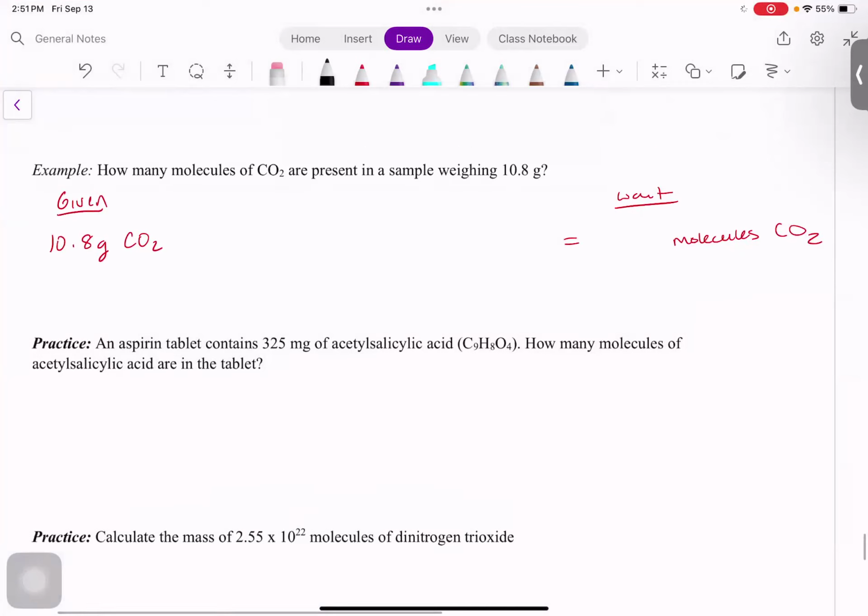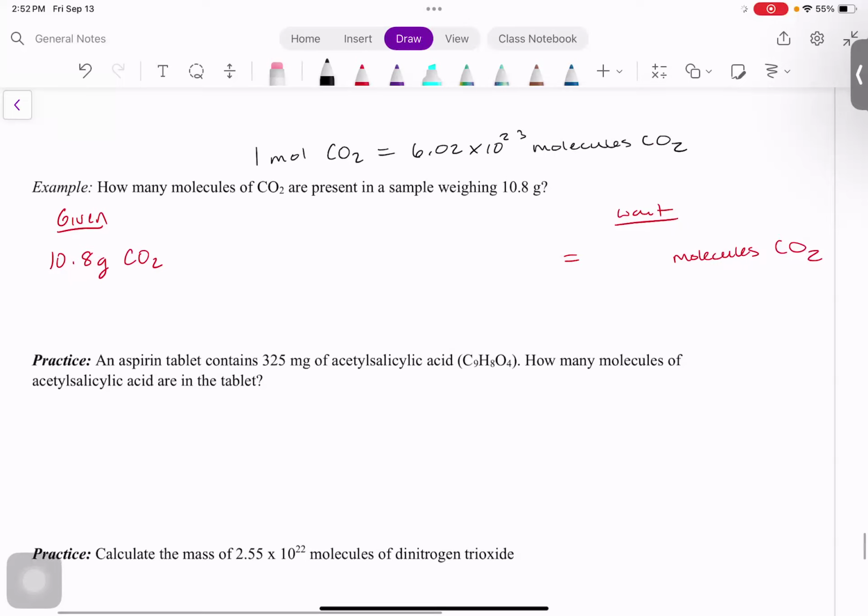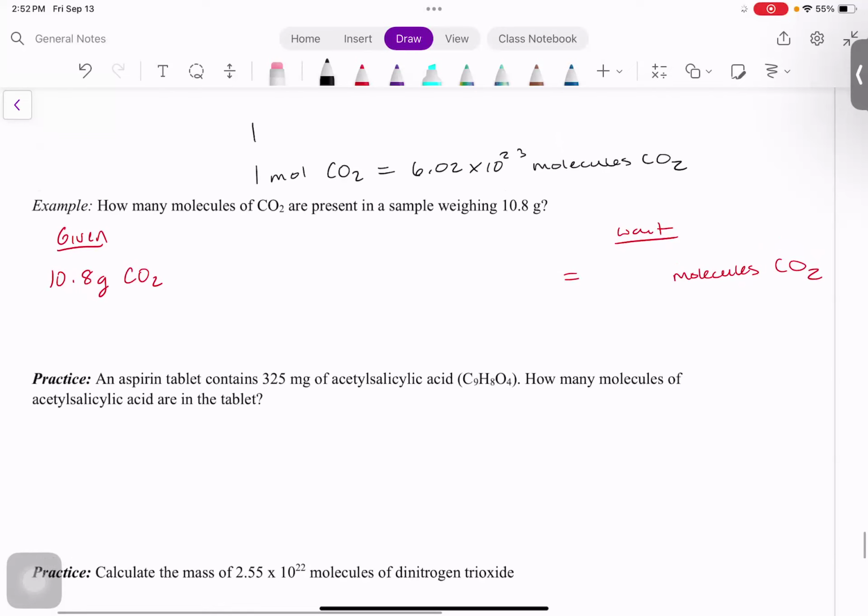So what I know is that 1 mole of CO2 contains 6.02 times 10 to the 23rd molecules of CO2. I know that by definition. And what I can determine from the periodic table is that 1 mole of CO2 has a mass of, and to get this, I'll add up my 12.01 grams plus 16.00 times 2.